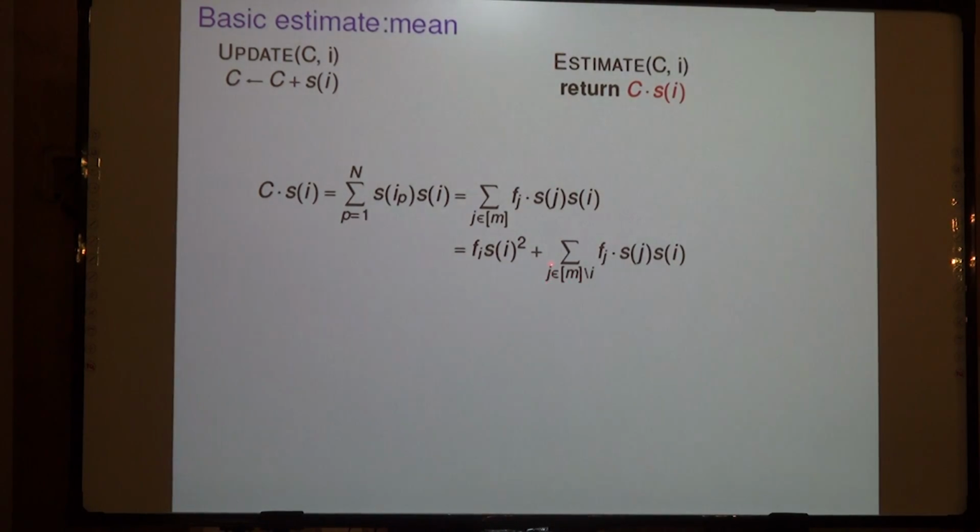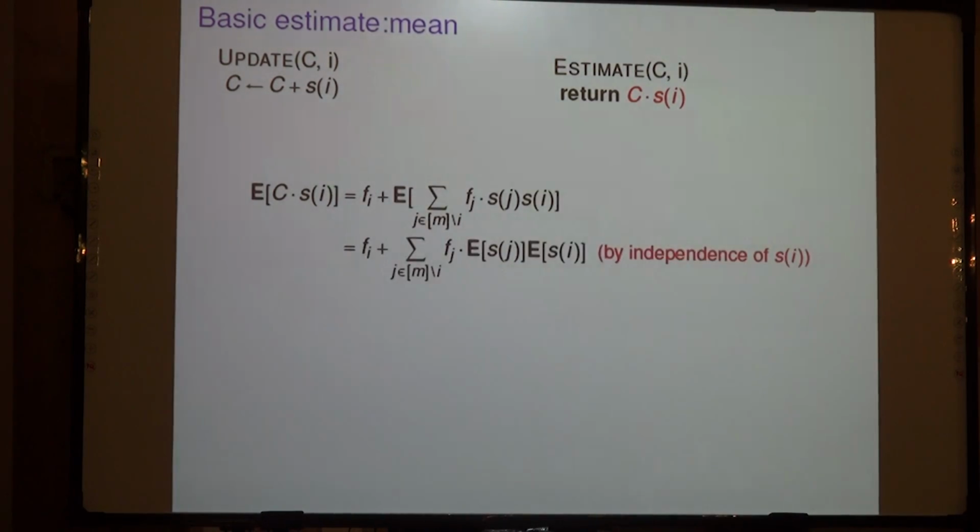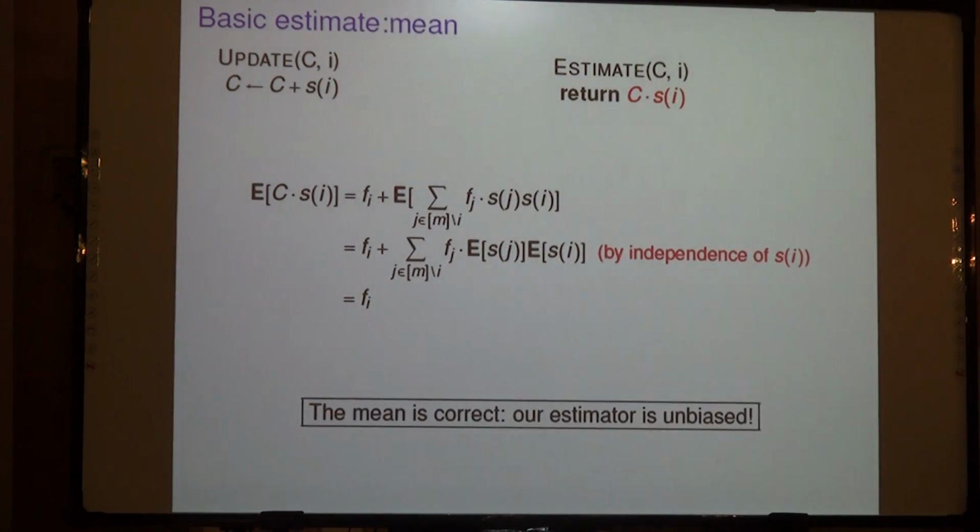It's just the sum over all other elements in the universe, fj, the frequency of the jth element, times the product of signs, sj and si. So these are random plus minus ones. So if I put expectations on top of this, I get fi plus the cross terms, and the cross terms vanish again. And as before, the mean is correct, the estimator is unbiased.